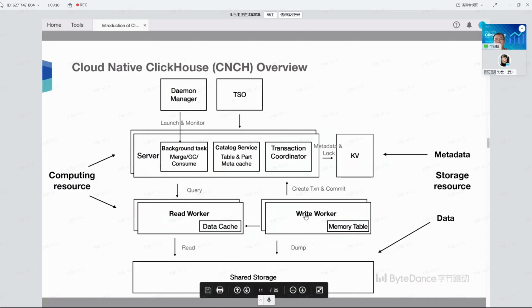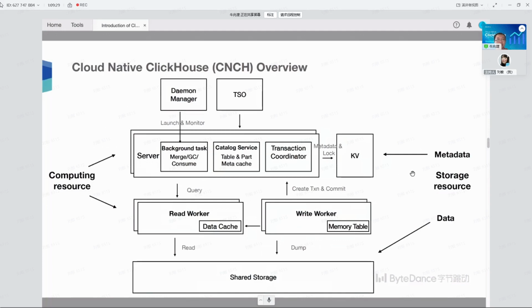In theory, we can have dedicated workers for background tasks, like merge tasks. Merge task is also a concept from ClickHouse. And yeah, this is the computing resource.